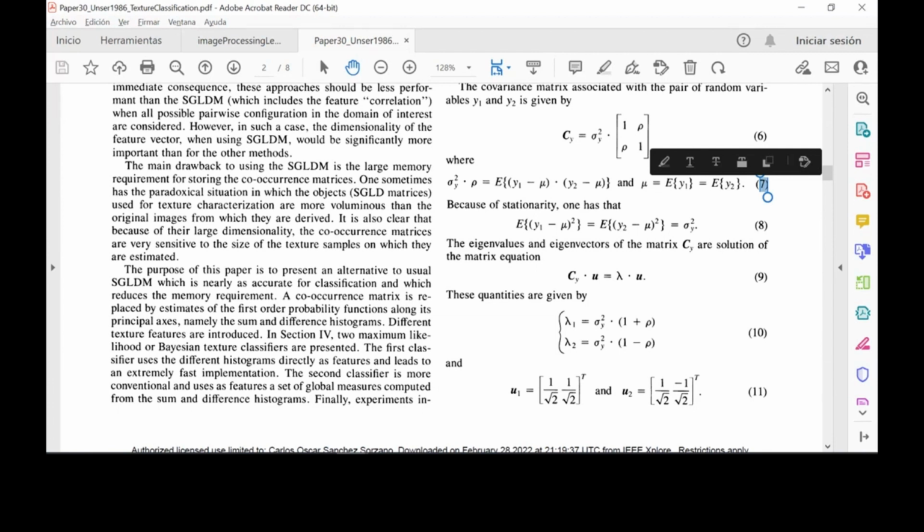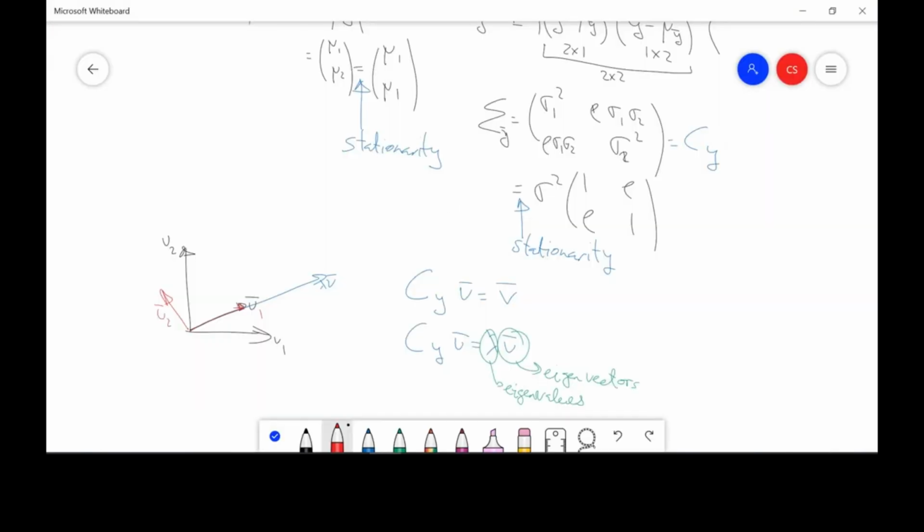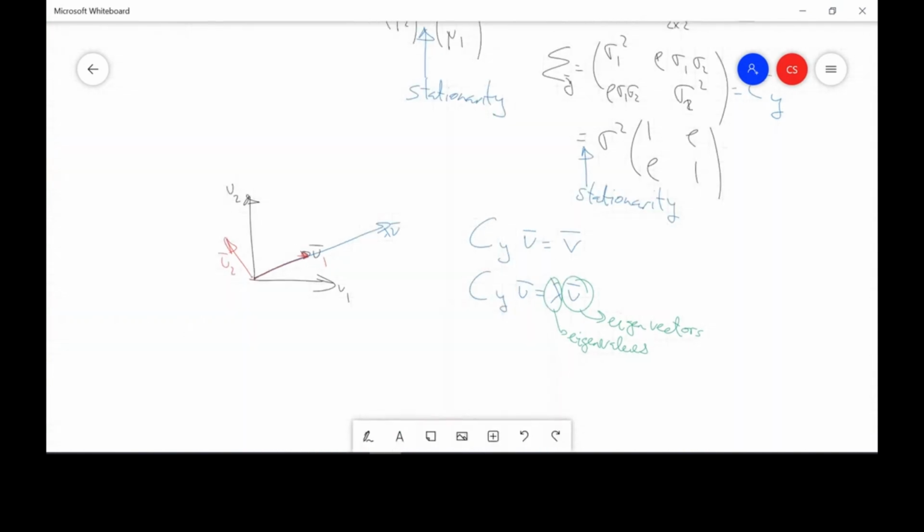The square root of 2 is simply to make them unit vectors, so that the length of the vector is 1. But if you don't care about the length, the two eigenvectors are 1, 1 and 1, minus 1.